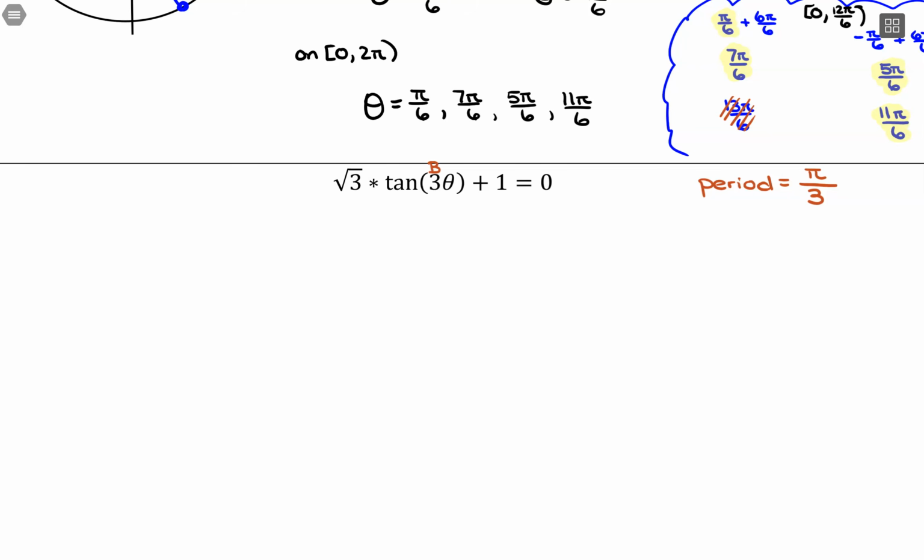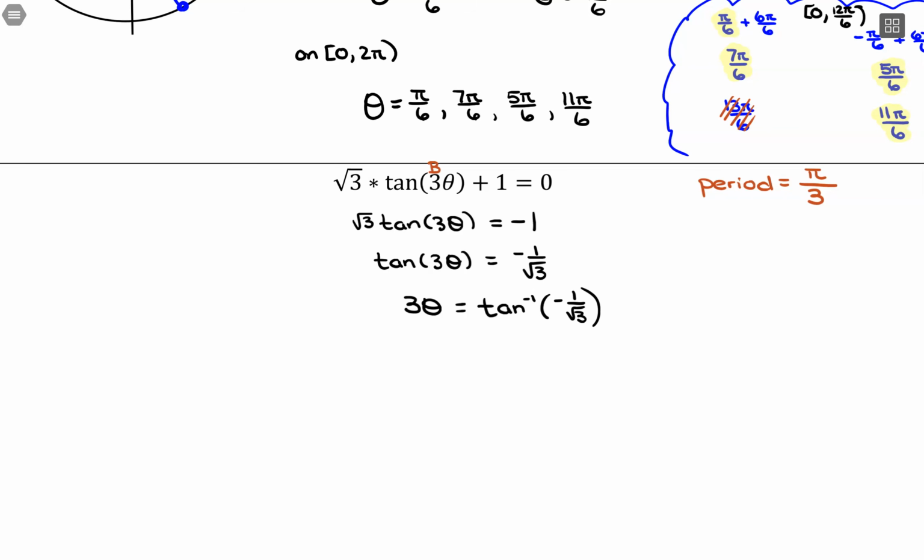All right, so I'm going to subtract 1 from both sides and divide by that square root of 3. Now I have my tangent function equal to negative 1 over root 3. Take the inverse tangent, and that gives us inverse tangent of negative 1 over root 3.